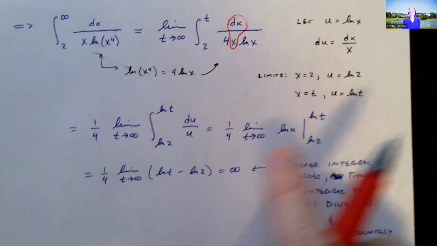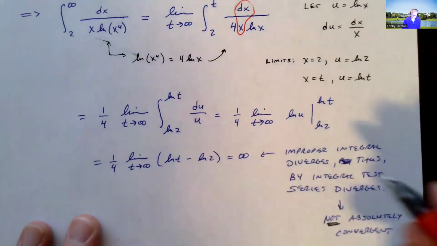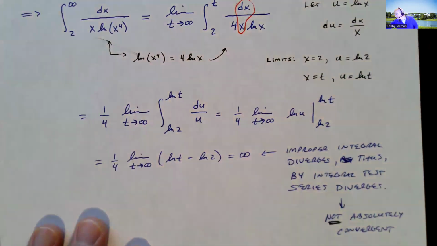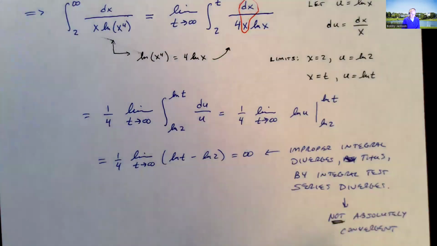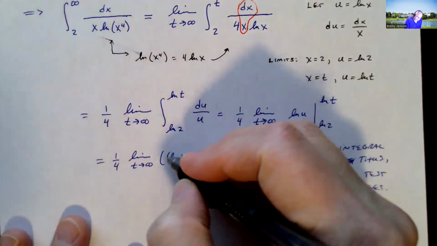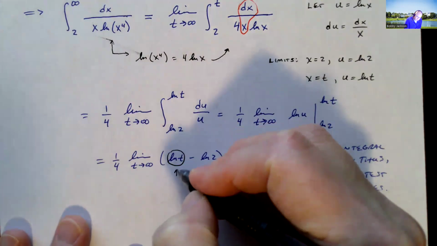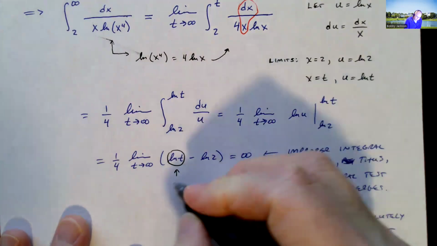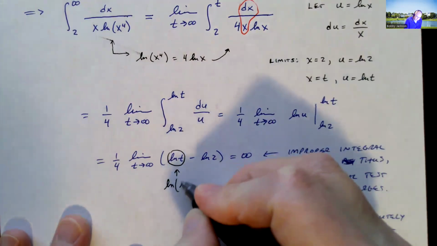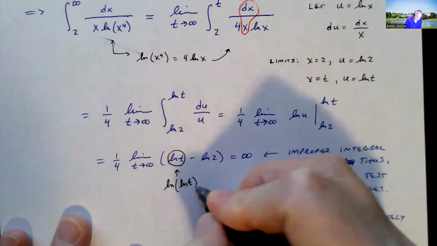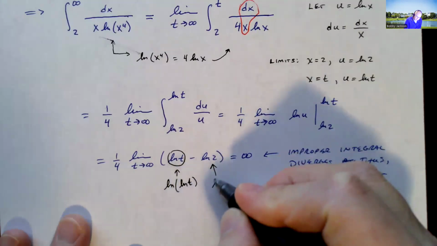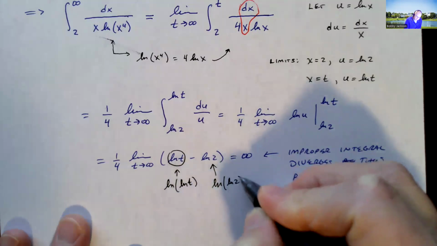Now we'll evaluate it at natural log of t, and this is not correct. This should be the natural log of the natural log of t. Sorry about that. Because it's natural log of u, and we're replacing u with natural log of t. So this is the natural log of the natural log of t, and this is natural log of the natural log of 2.